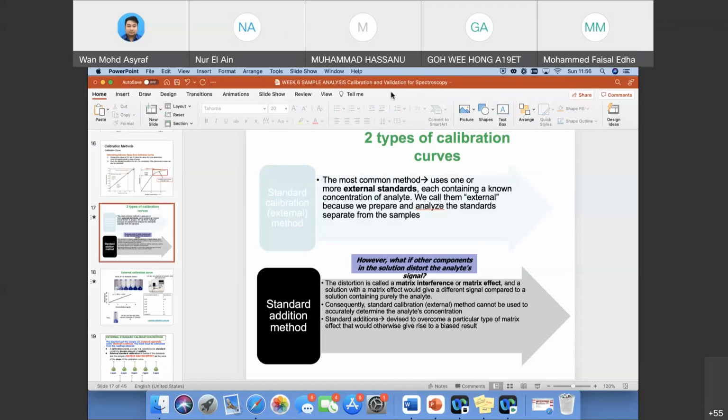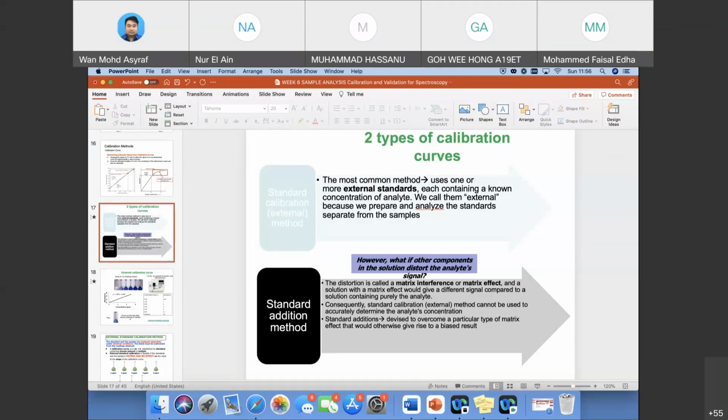So doctor, for the standard calibration, is that the one we discussed just now? Yes. The standard calibration is the one we discussed before this, where you prepare 1, 2, 3, 5 ppm.